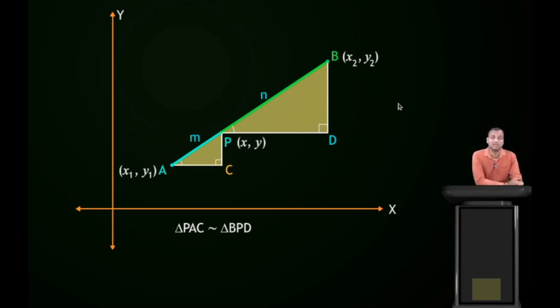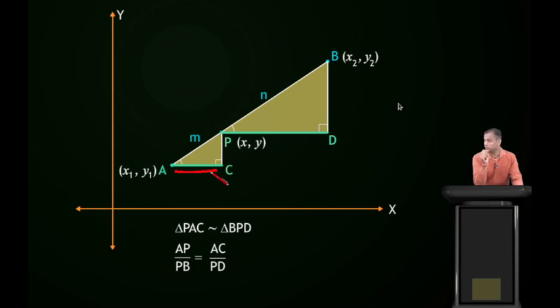Now what will happen after this? Yes, very good. The ratio of sides of both the triangles is equal. How? The ratio of AP and PB equals the ratio of AC upon PD, because we know from the criteria of similarity that triangle PAC is similar to triangle BPD.